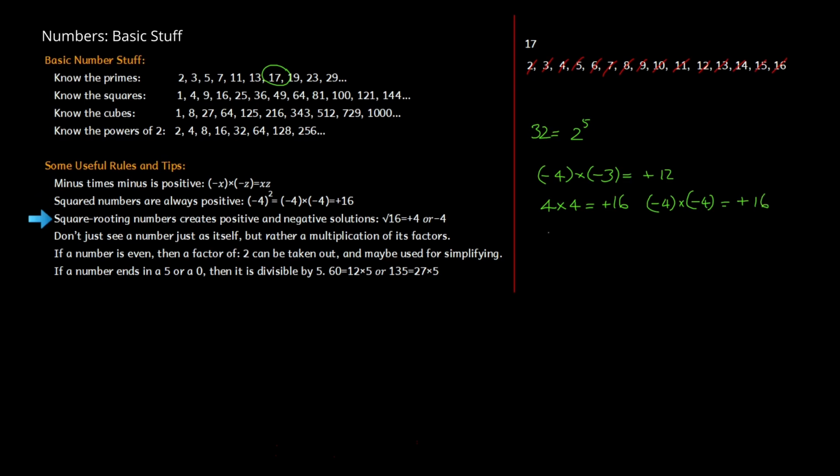Now, the reverse of that rule, that squared numbers always produce positive answers, means that when we go backwards, we've got to be quite careful. Because if we take 16 and want to do the square root of 16, well, we know that 4 squared will generate it, or negative 4 squared.